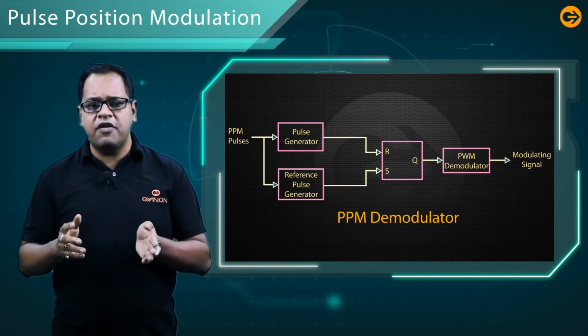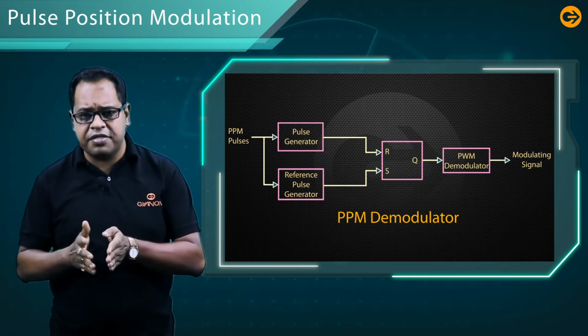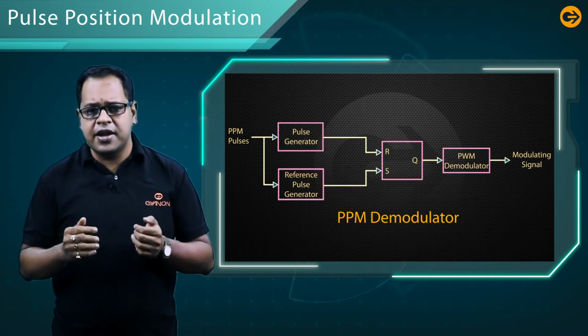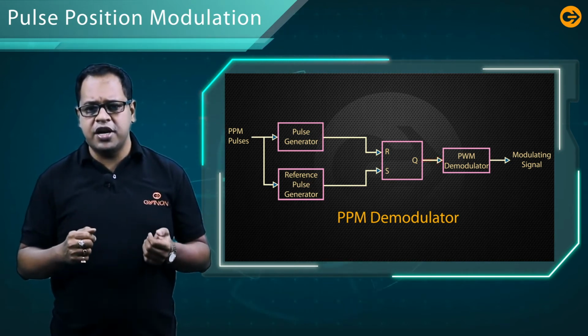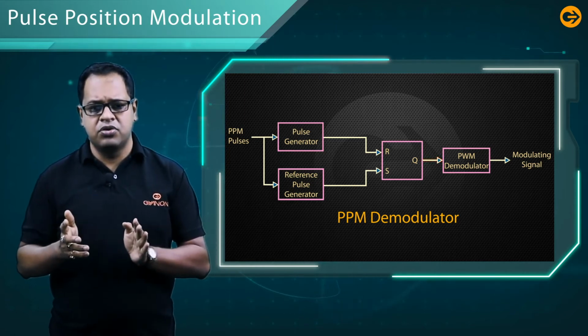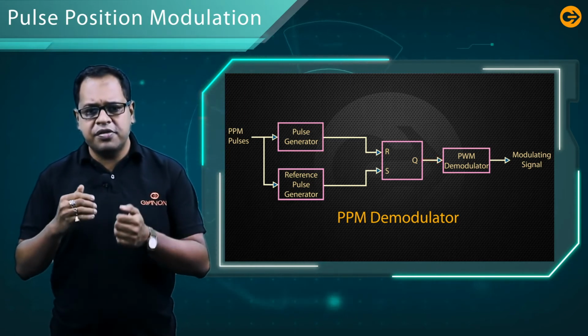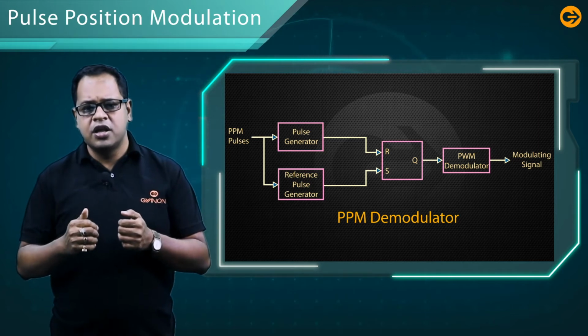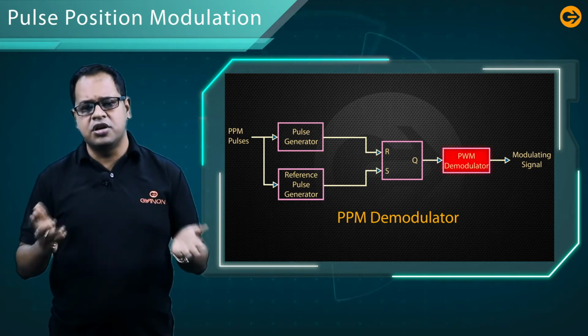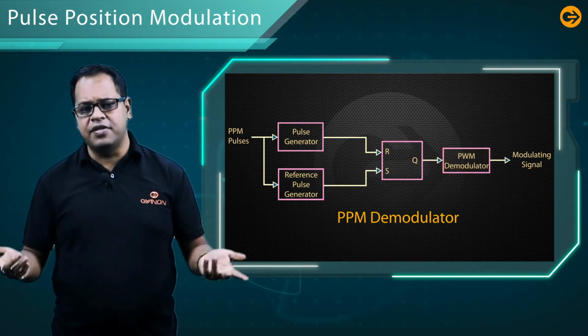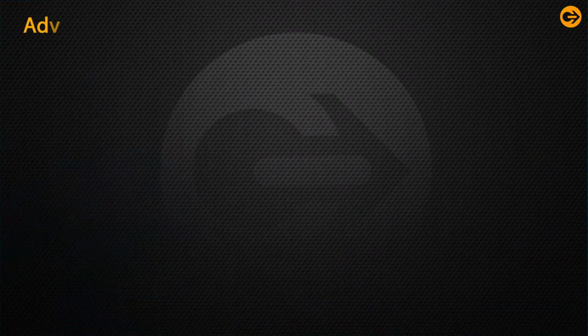Due to the set and reset signals applied to the flip-flop, we get a pulse width modulated signal at its output. The pulse width modulated signal can be demodulated using a pulse width modulation demodulator. As simple as that.